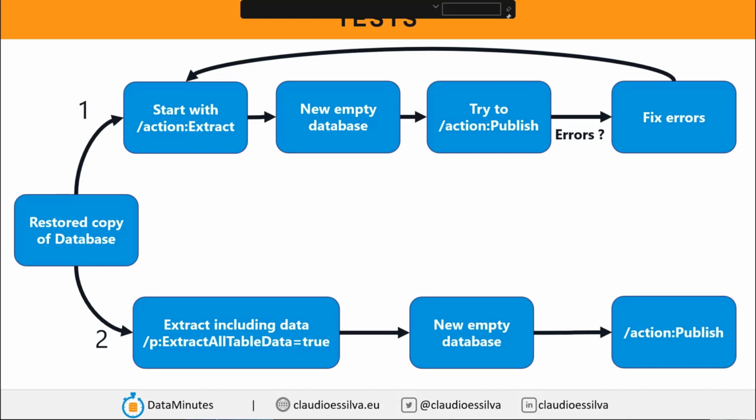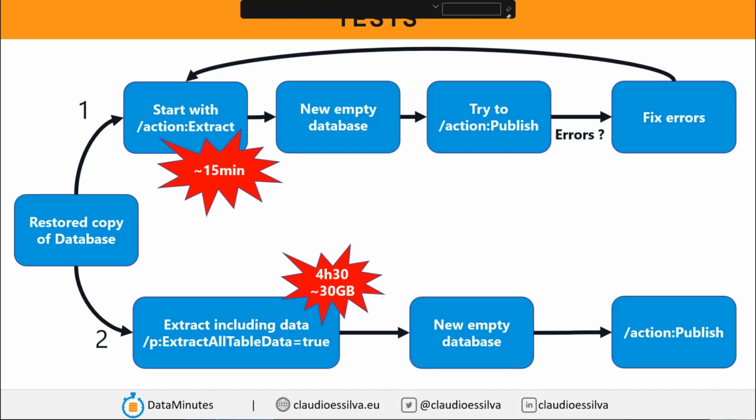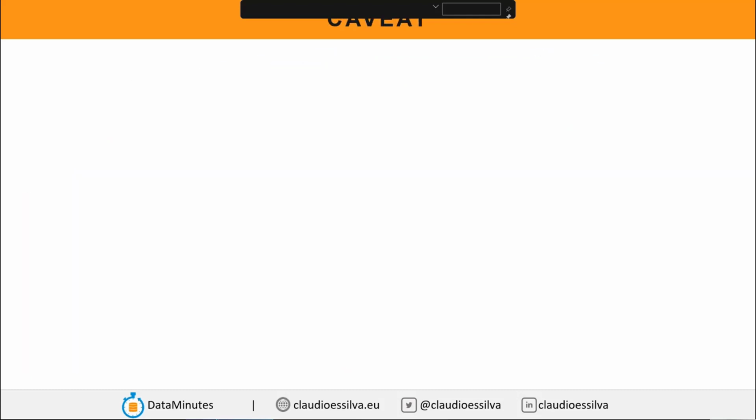Just to give orders of magnitude, for just the schema it took around 15 minutes. To get the schema with the data, 4.5 hours. And the good side of it, a nice ratio in terms of compression, is that it took just 30 gigabytes of disk space.